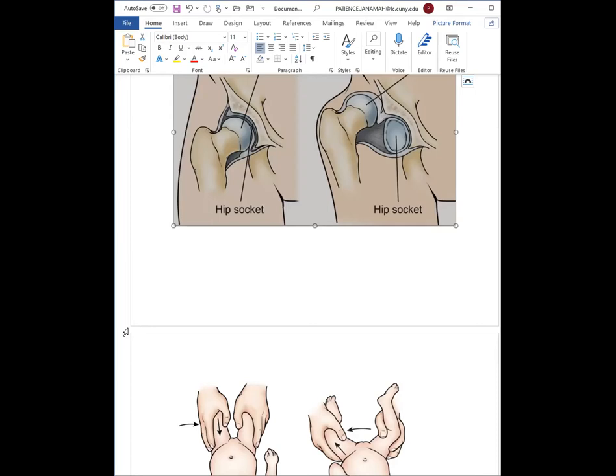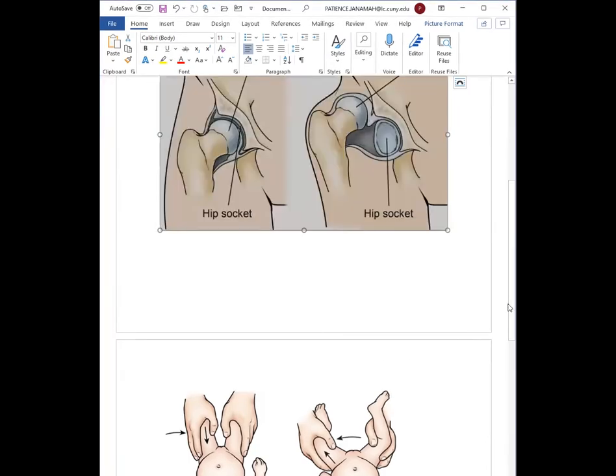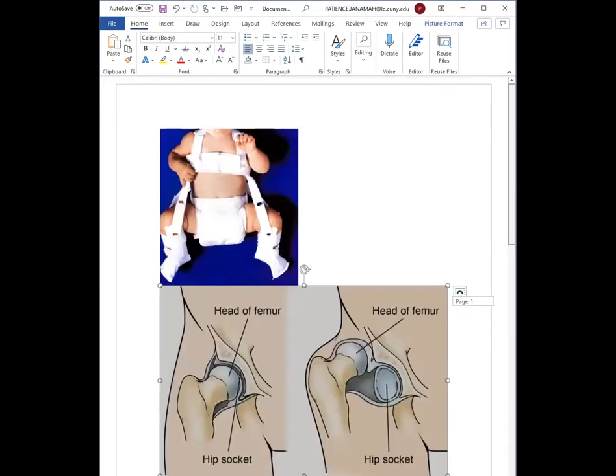Then we have the Pavlik harness. This is worn full time for 3 to 6 months until the hip is stable, for infants that are less than 3 months of age. So if the child is less than 3 months of age, you put the child in the Pavlik harness. They will keep wearing this until 3 to 6 months.